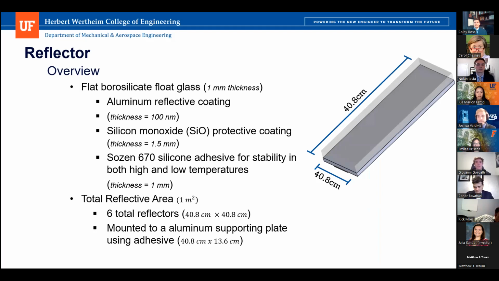We are also using a Sozin 670 silicone adhesive that I'll talk about more later. As you can see here, we have 6 total reflectors. Each one is about 0.1666 meters squared, and it's mounted to an aluminum supporting plate using that adhesive.